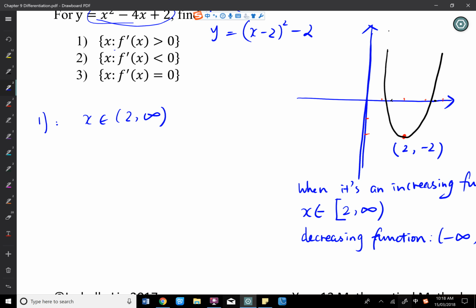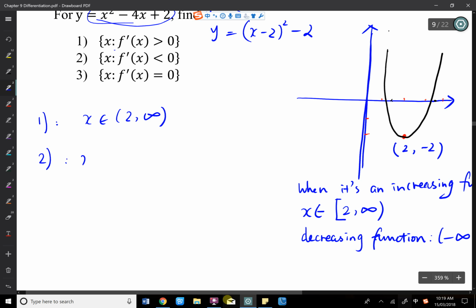That's completely 2 types of question. Talk about gradient, or talk about increasing or decreasing. There's a little bit of connection between them, but they're separate things. The next one asks when it is less than 0. Less than 0 is negative infinity to 2, exclusive as well.